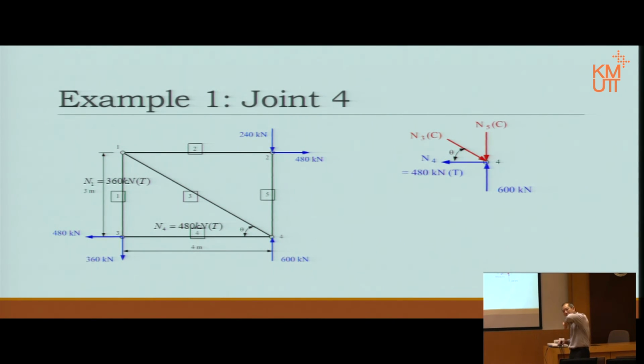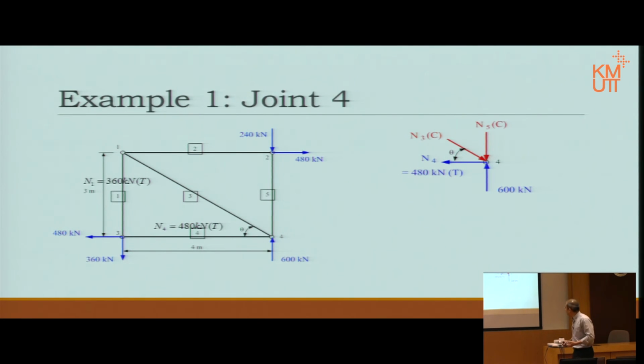N4 tries to push it to the left-hand side, therefore N3 must go to the right-hand side. Now how do I add N5? Well, I'm not sure, I'm just guessing. Oh, and N3, because it's going toward the joint, is compression. We assume compression, but don't worry about it. If it's wrong, when we calculate positive, it's compression; when we calculate negative, it becomes tension.